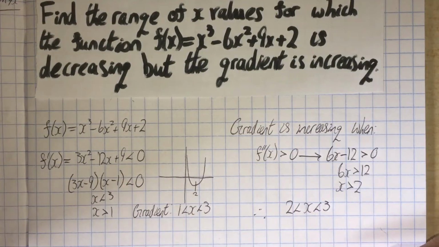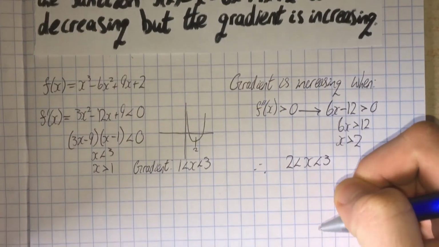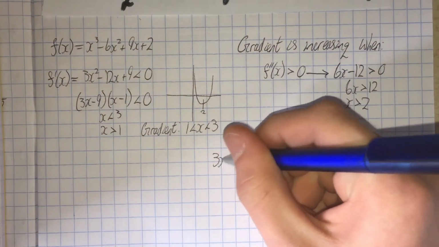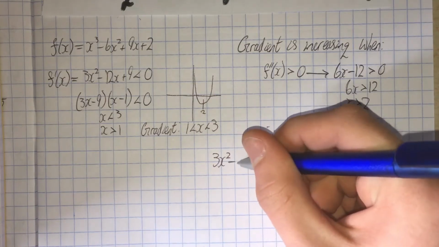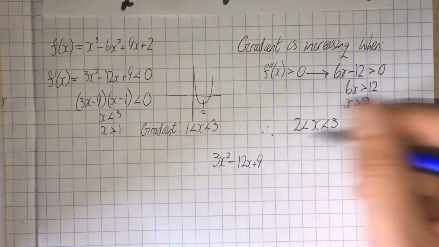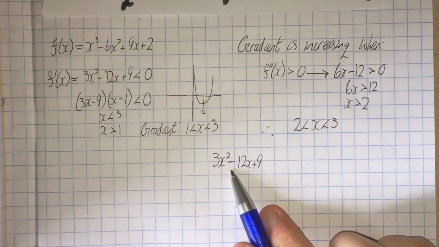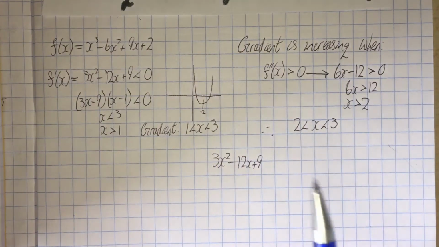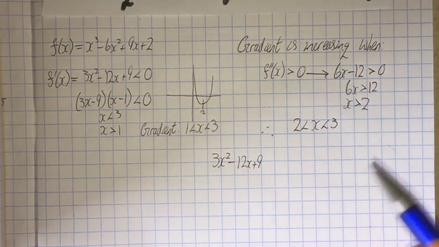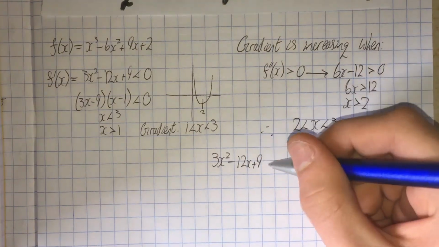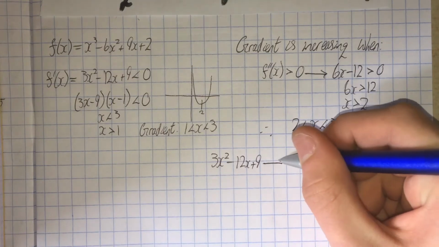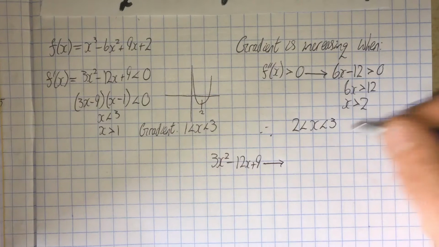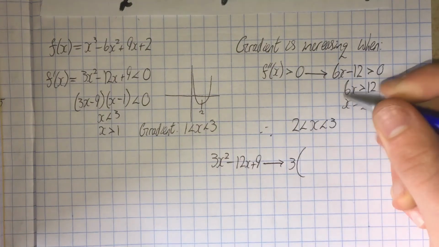So if you look at our gradient function of 3x squared minus 12x plus 9, you can complete the square on this. This is the other way of finding 2 right here. You can complete the square, which you may already know. If you're doing differentiation, I imagine a lot of you will. So first we must take out the 3, right?